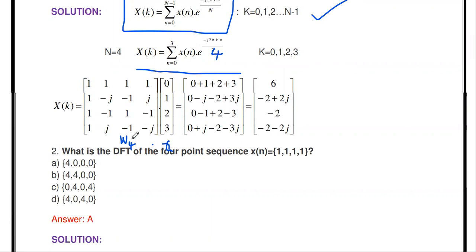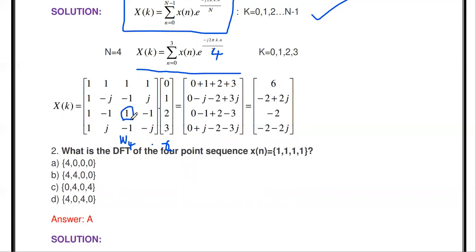How to remember this 4-point twiddle factor matrix: there are 4 rows and 4 columns. In the first row and first column, all elements are 1. Then except this first row and first column, there is a 3 by 3 matrix, in which the center element is again 1.